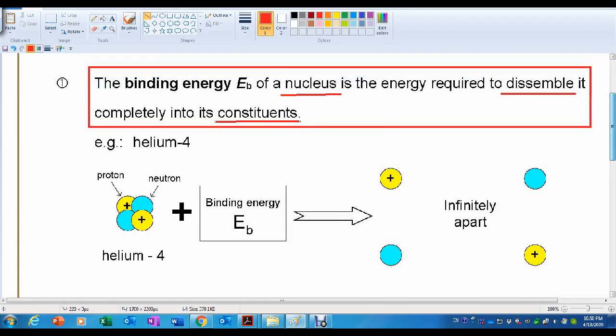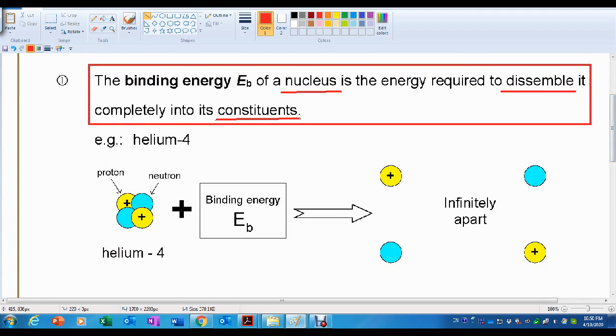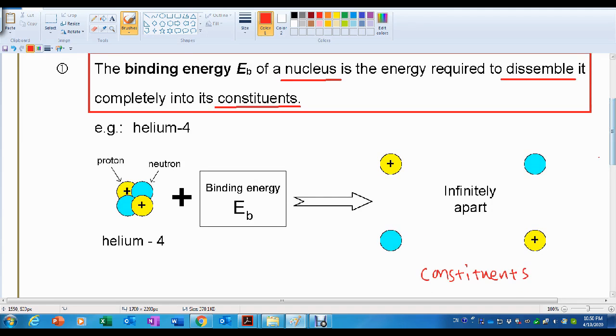Okay, let's use an example. A nucleus, for example, helium-4, is a nucleus with 2 protons and 2 neutrons. When you disassemble them, they become 2 neutrons and 2 protons. These are called constituents, or constituent nucleons.